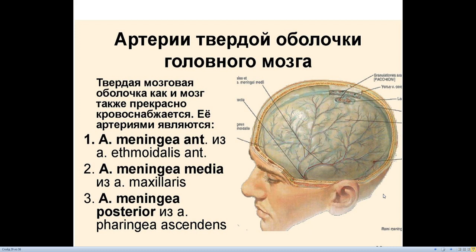Of course, the dominant vessel which supplies blood to the dura mater encephali is the middle meningeal artery, which is a branch of the maxillary artery.